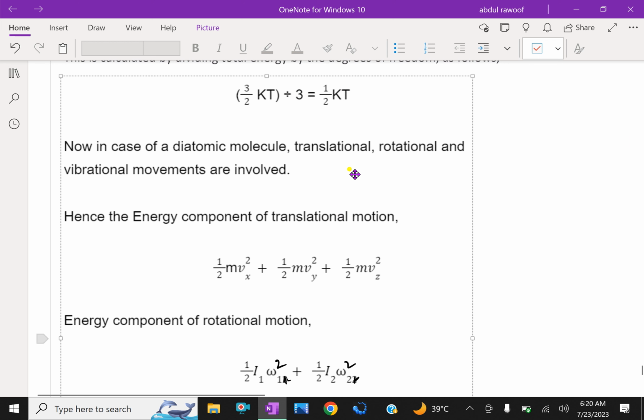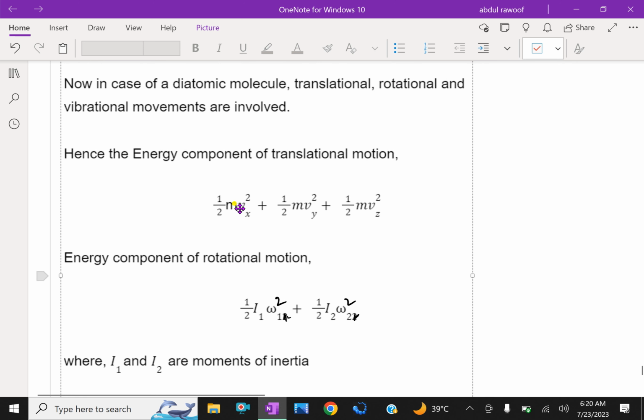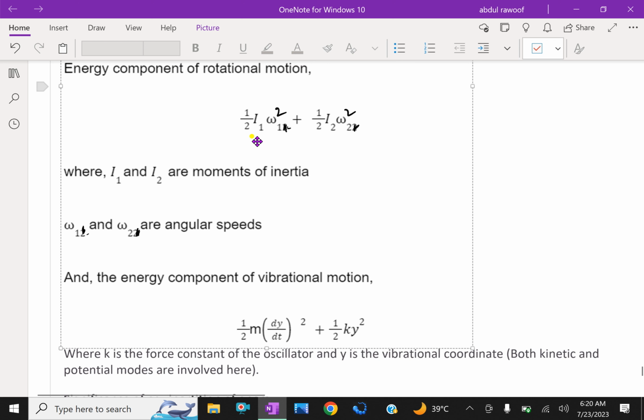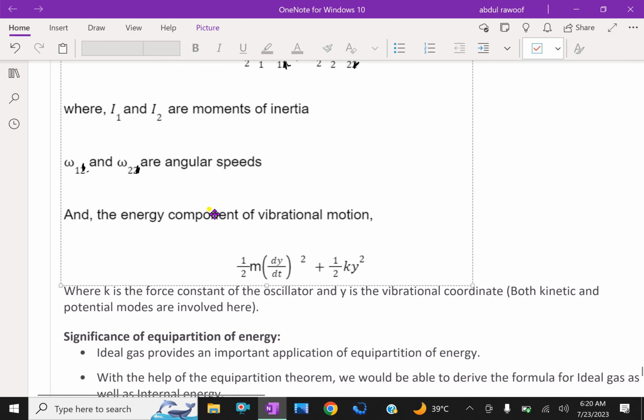Now, in case of diatomic molecules, translational, rotational and vibrational motions are involved. Hence, the energy component of translational motion is, as we know before, half m vx square, half m vy square, half m vz square. The energy component of rotational motion is half I1 omega1 square plus half I2 omega2 square, where I1 and I2 are moments of inertia and omega1 and omega2 are angular speeds.